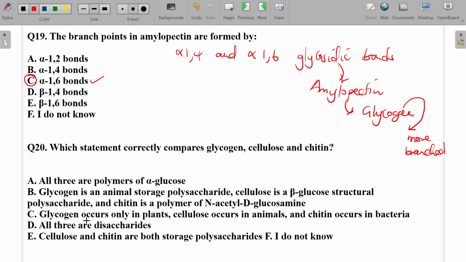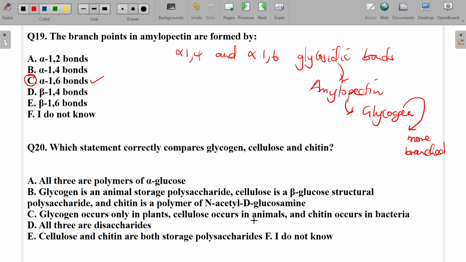C. Glycogen occurs only in plants, cellulose occurs in animals, and chitin occurs in bacteria. D. All three are disaccharides. E. Cellulose and chitin are both storage polysaccharides. F. I do not know.